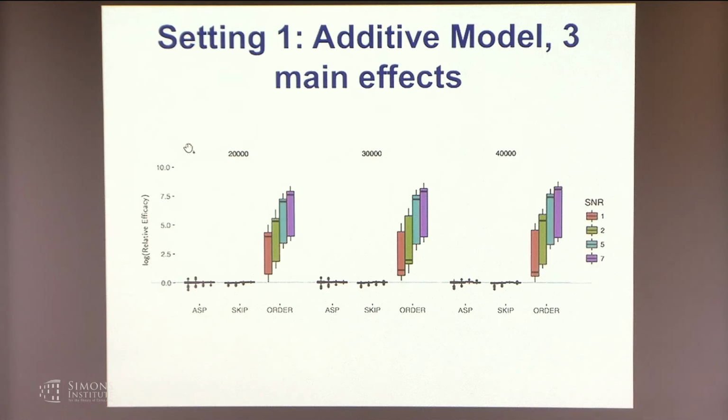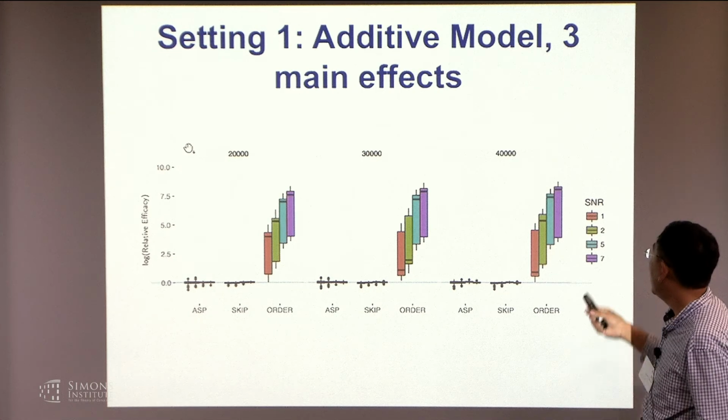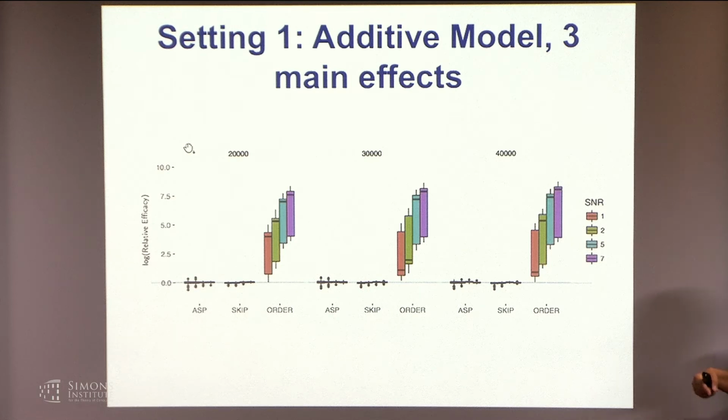Then we plot the log ratio of MSE. Each different color indicates that we simulate data using 4 different scenarios of signal to noise ratio. This signal to noise ratio is the lowest, and this is the highest, equal to 7.